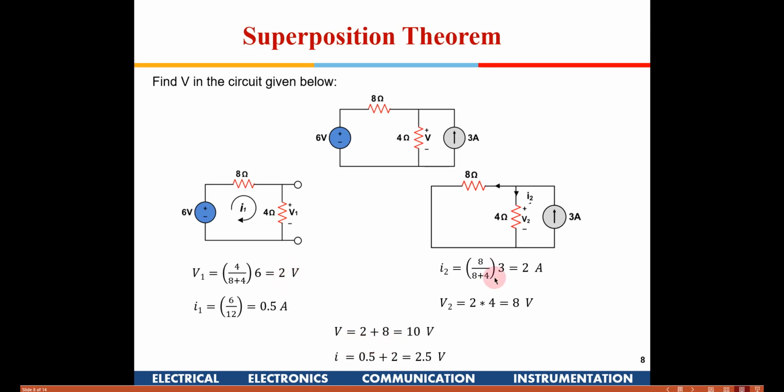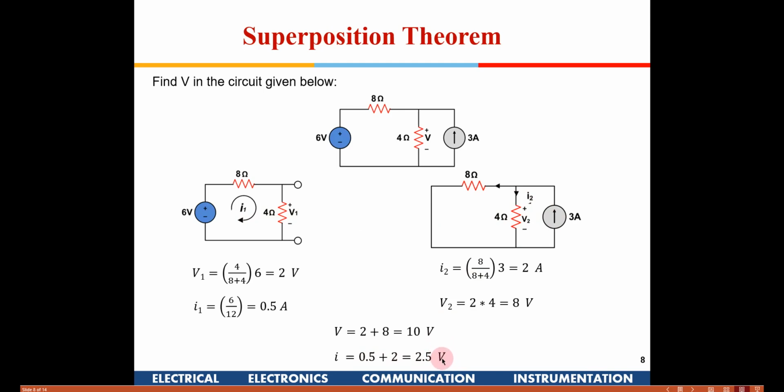Here we got 2 volt and in this case we got 8 volt, so we just add them up: 10 volt will be the voltage across the 4 ohm. Similarly, the current is 0.5 ampere here and 2 ampere here. While analyzing both circuits, the directions of the currents are the same, so they algebraically add up. It comes to, sorry, this should have been 2.5 ampere.